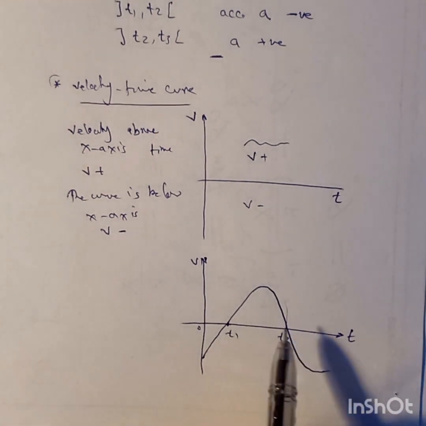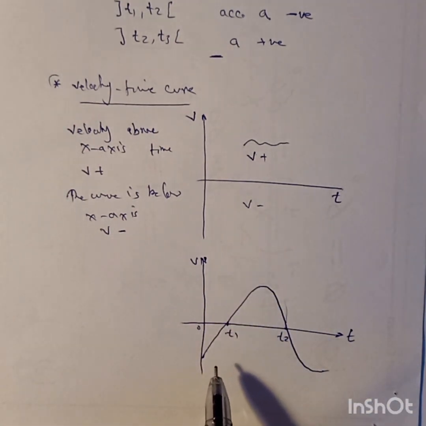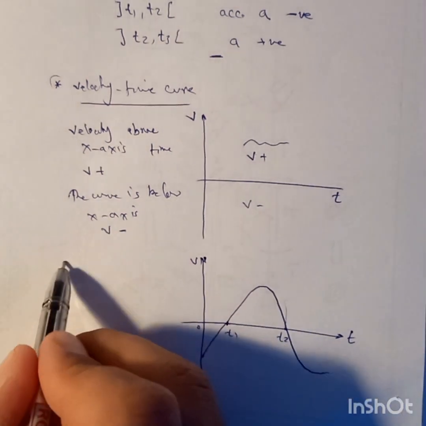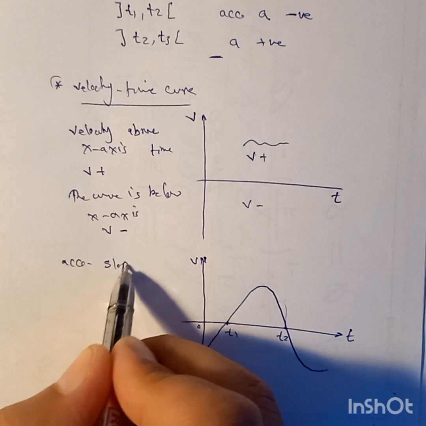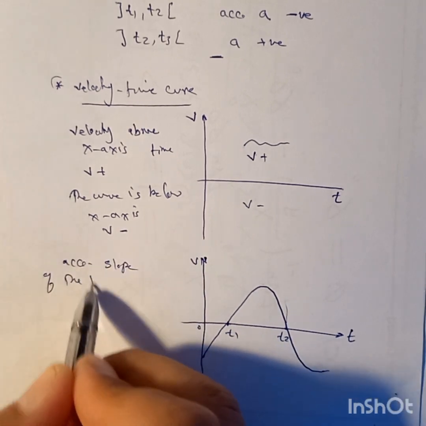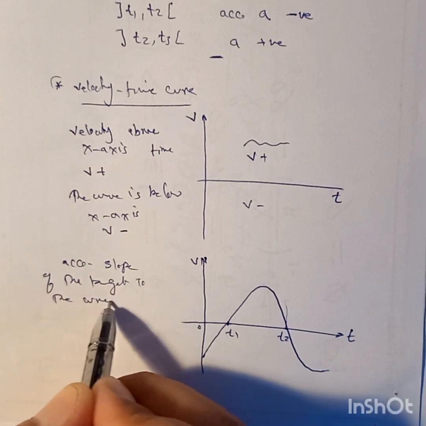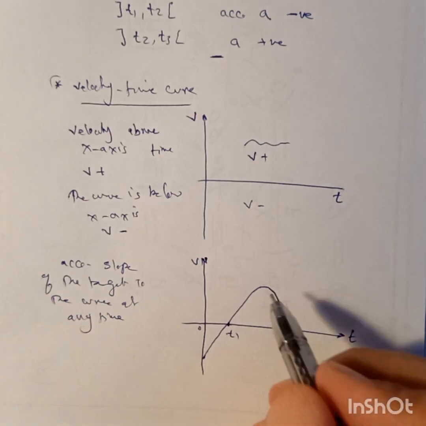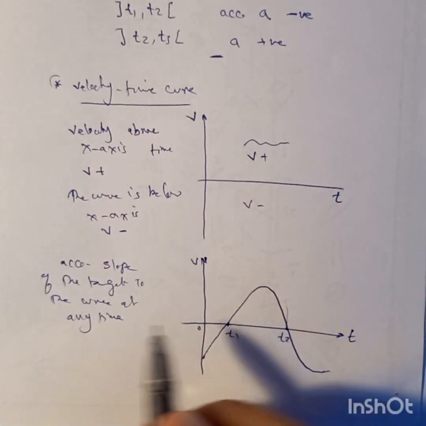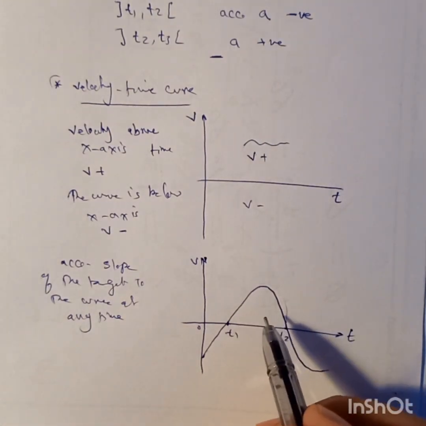To find out the acceleration from this curve, we can say that acceleration can be represented by the slope of the tangent to the curve at any time. The slope of the tangent at any time represents the acceleration of the motion of this body.